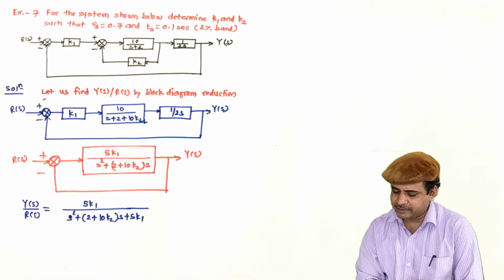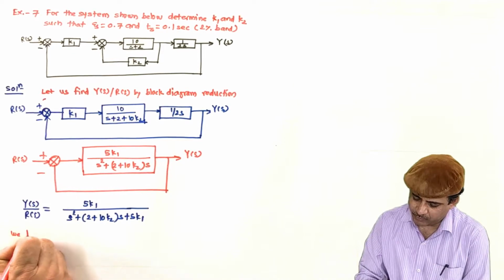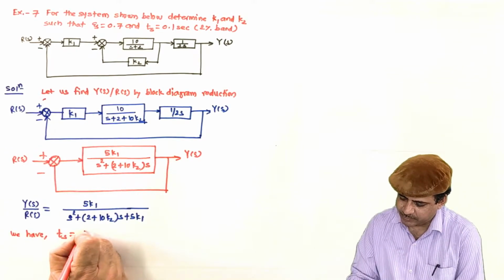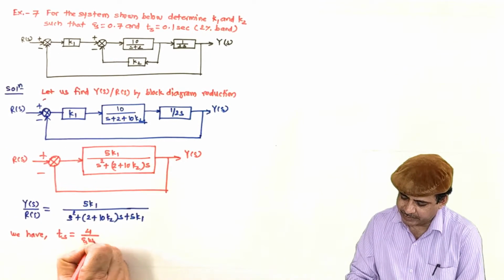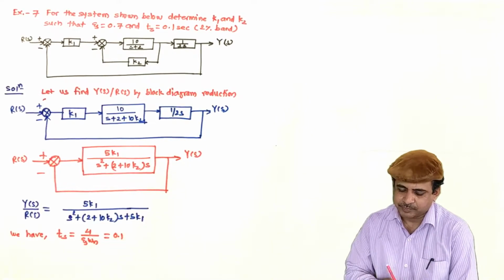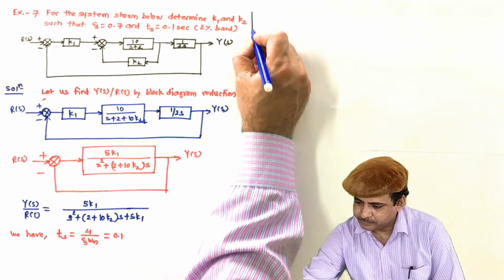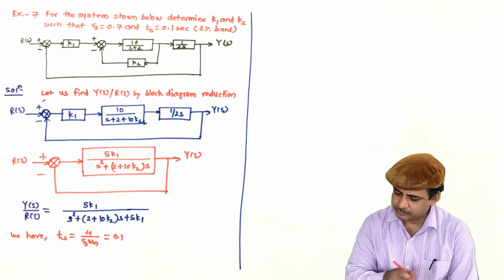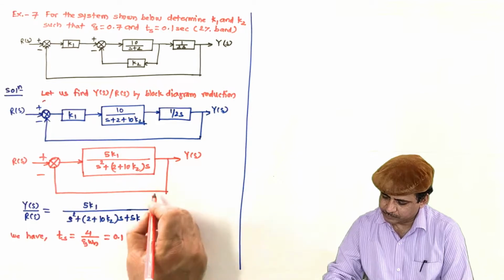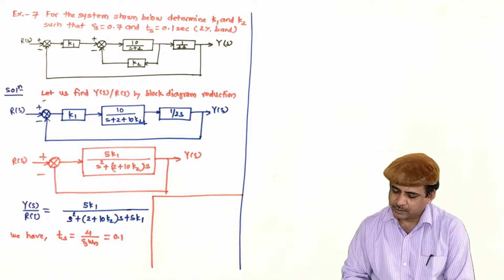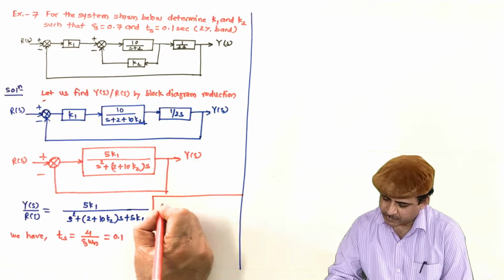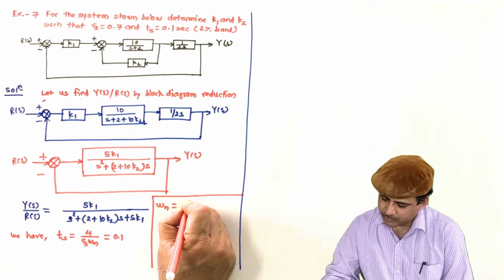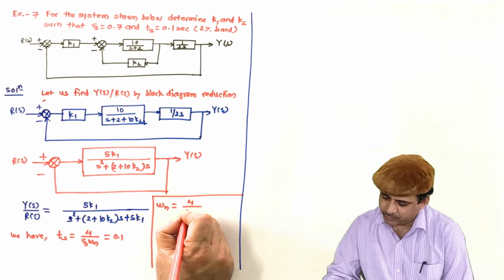So what is given? Ts is given, and that is in 2% settling band. So 4 upon zeta omega n is 0.1. And this gives me omega n is equal to 4 divided by 0.1 zeta.